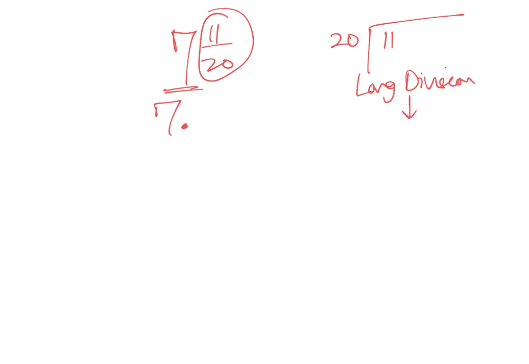And using long division, this would be 0.55. So that's 0.55. That will come over there, because that was just the 11 over 20 that we were trying to work on. And that will lead us to 7.55 as the answer to that particular problem.